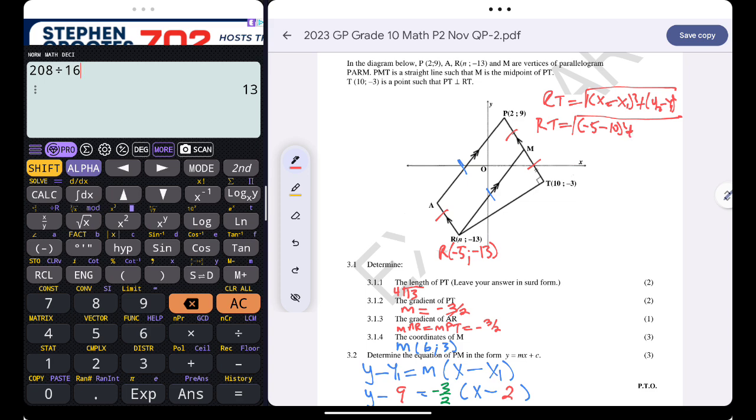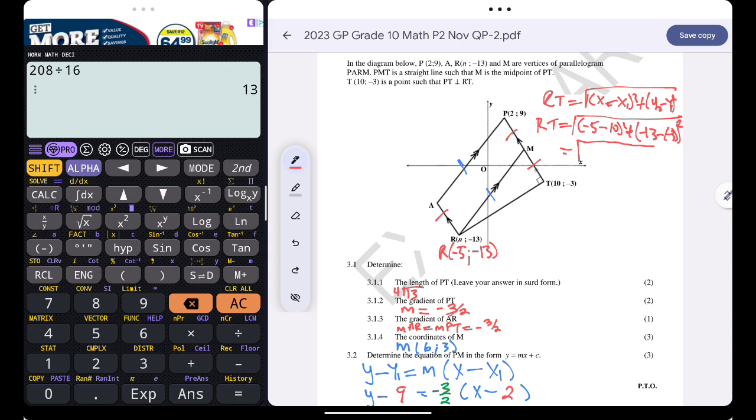Negative 5, remember, is the x value at R. So x value at R minus the x value at T, and then the y value at R minus the y value at T, all squared.